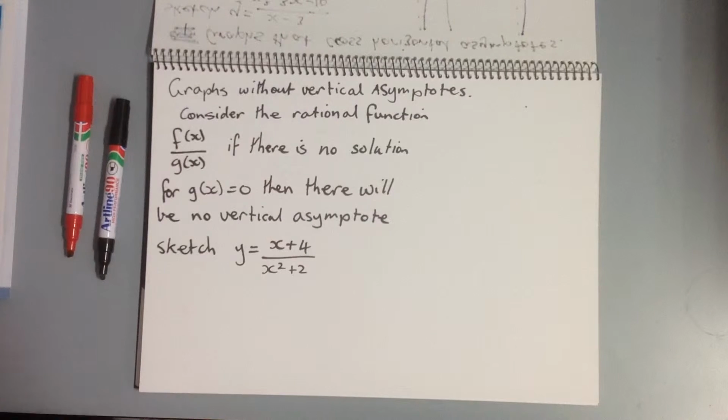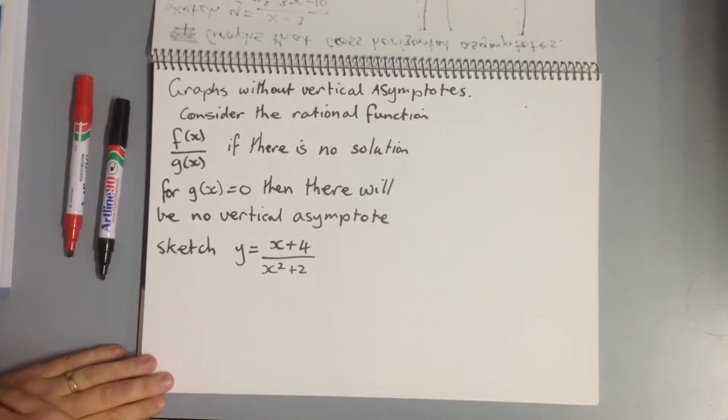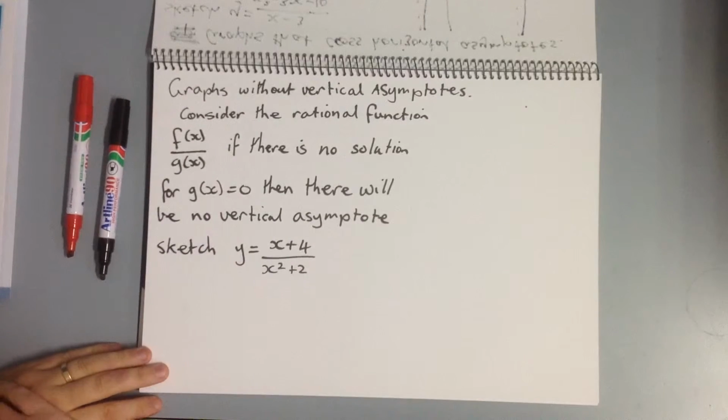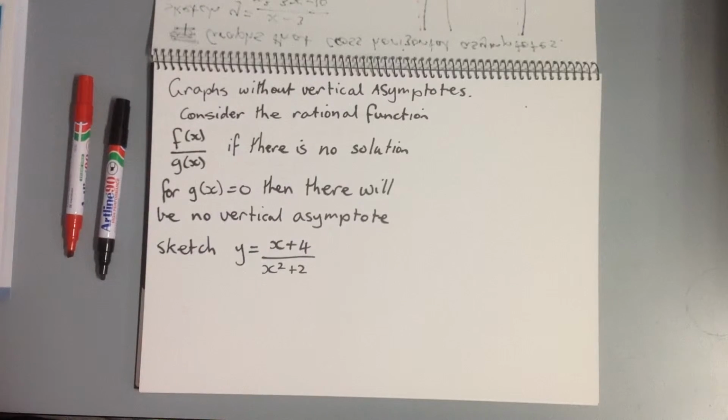Right. We can also have the case where we don't have a vertical asymptote. Okay, so consider the rational function f of x over g of x. If there is no solution for g of x equaling 0, then there'll be no vertical asymptote. So we'll look at sketching this graph here.